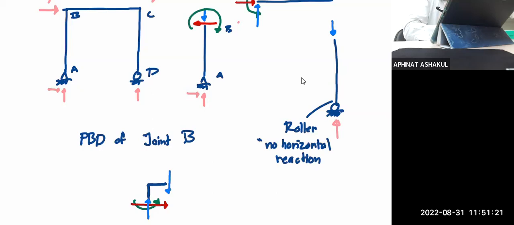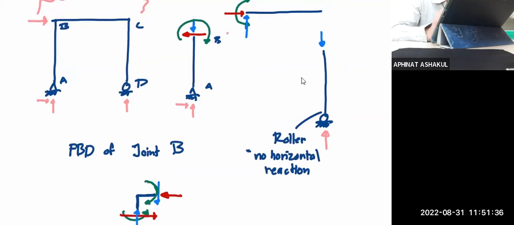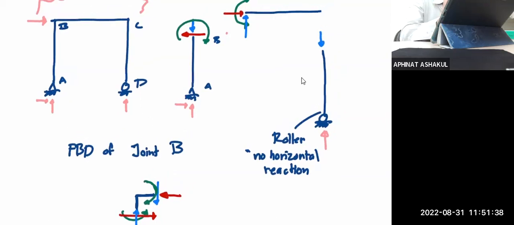This goes to the right, so this goes to the left. And this is counterclockwise, so the moment at this side is clockwise. Then again, these three force components will be equal and opposite to all these forces at the end of member BC. You see?